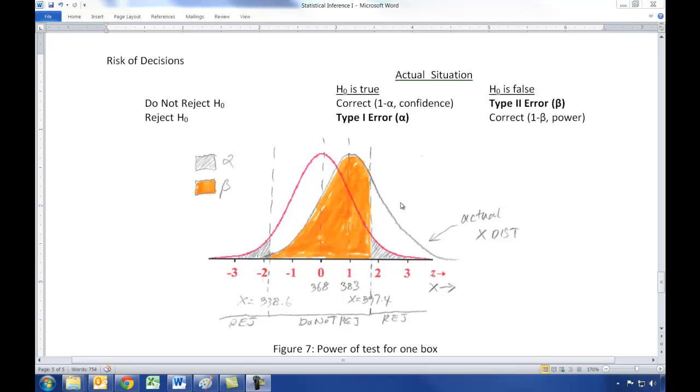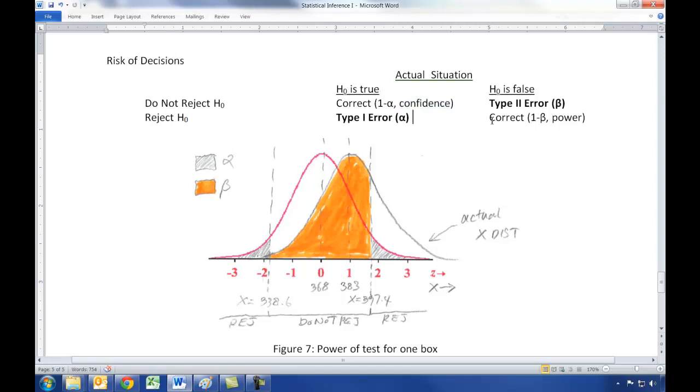So now we need to familiarize ourselves with a few new terminologies. We call this orange area, which is the probability of making type 2 error, beta. The chance of making the first correct decision is 1 minus alpha, and we call it confidence because it tells us how confident we are to not reject the null hypothesis when it's actually true.